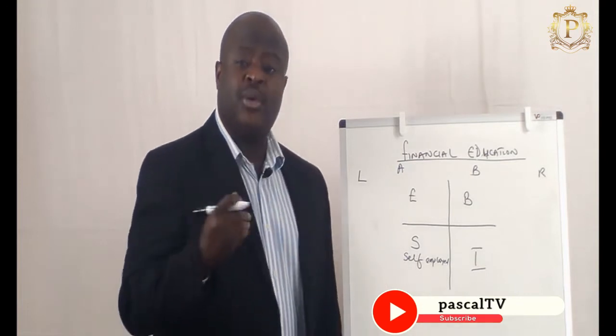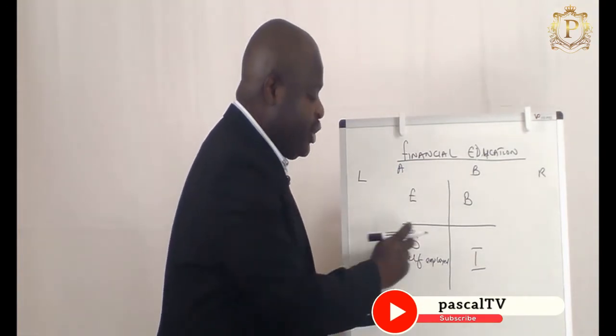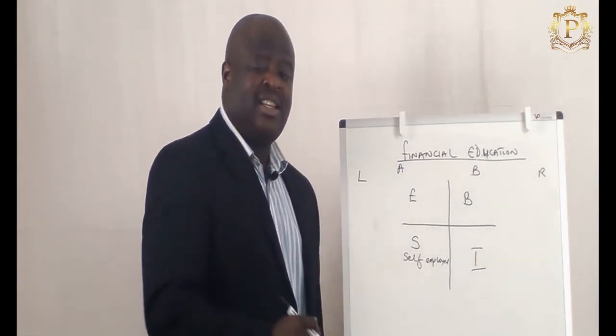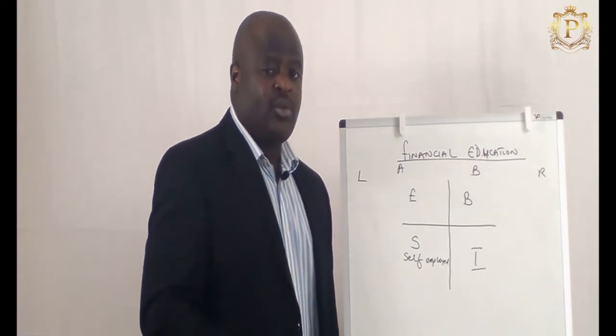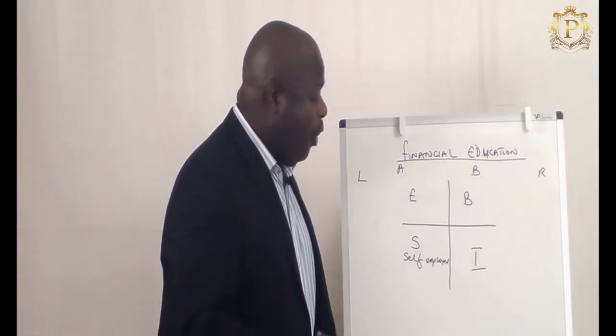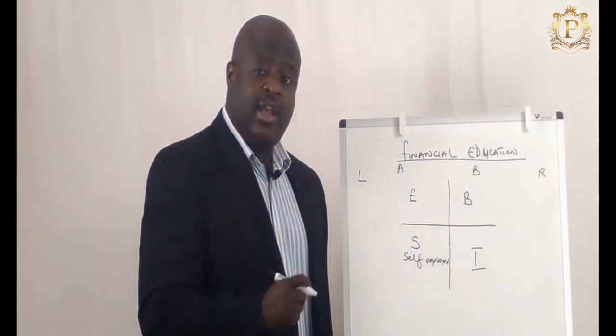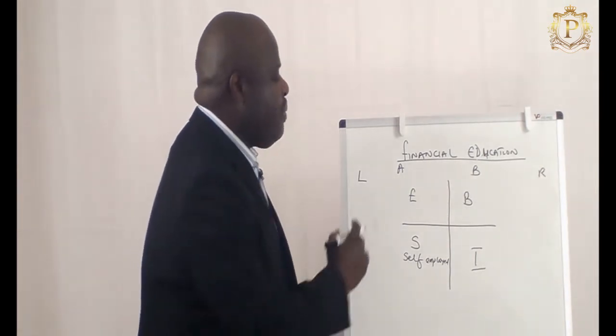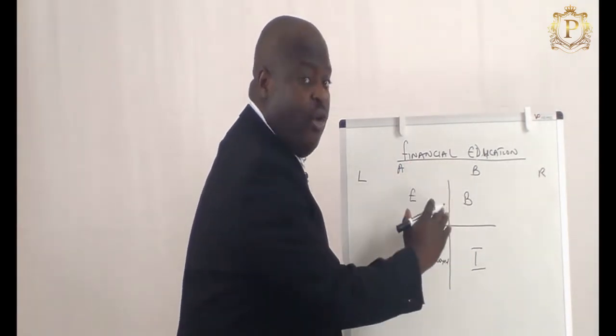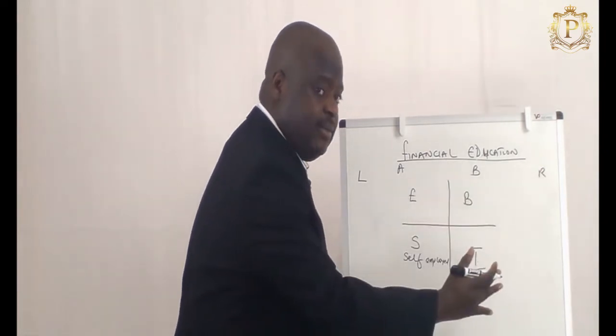If that is what you want to end up doing, either being restricted to your business dictating how many hours you put in, remaining in the E quadrant, or you want to be able to shift and move over to the right side.